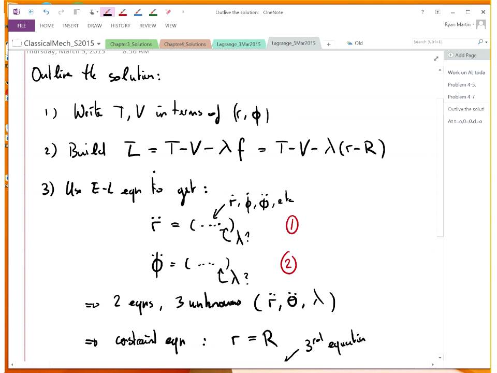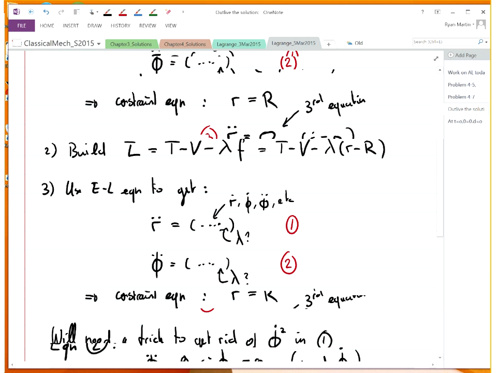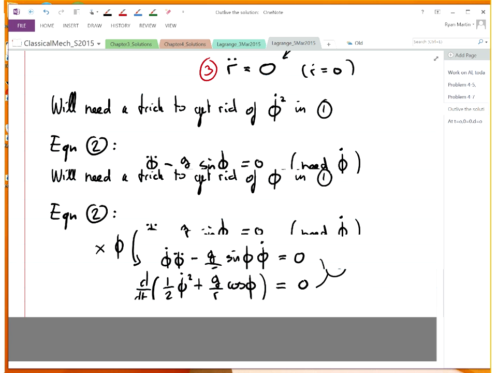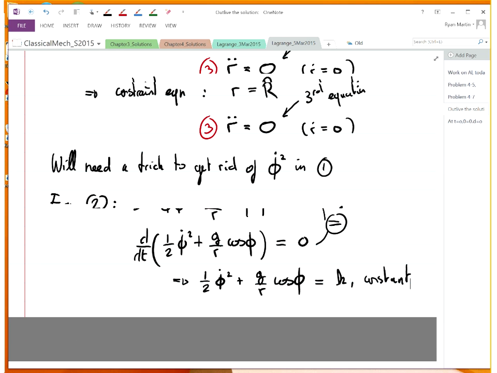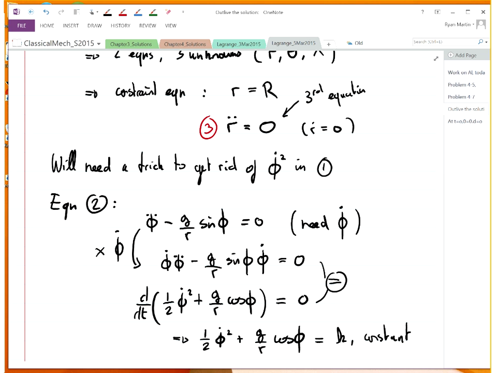Then you build the modified Lagrangian, so it's T minus V minus lambda f. Then you end up with 3 equations, 3 unknowns. You use this trick here to be able to substitute equation 2 into equation 1, I'm sorry.